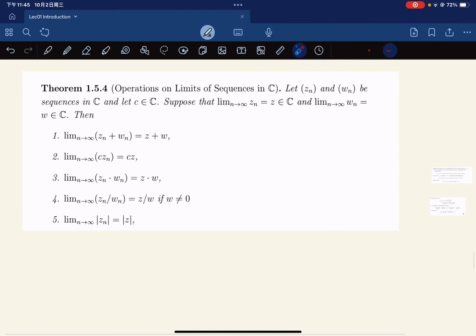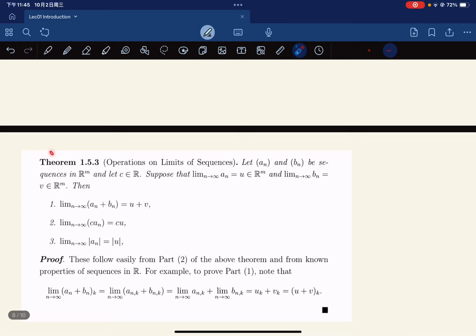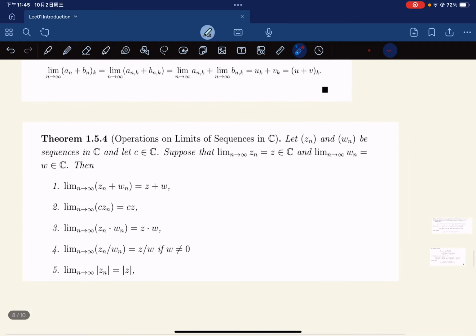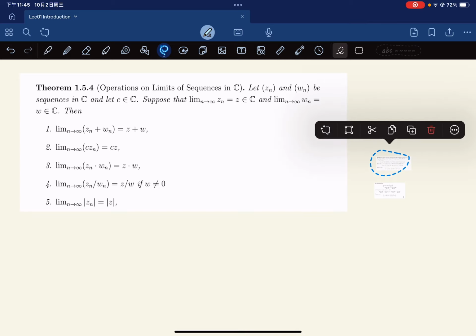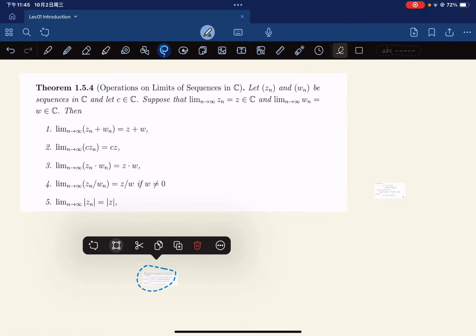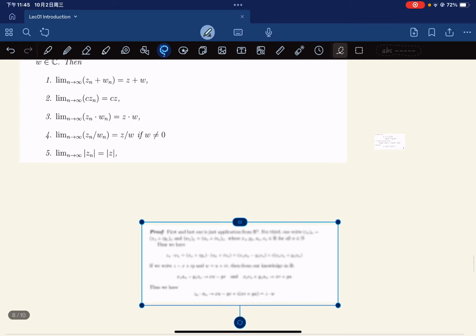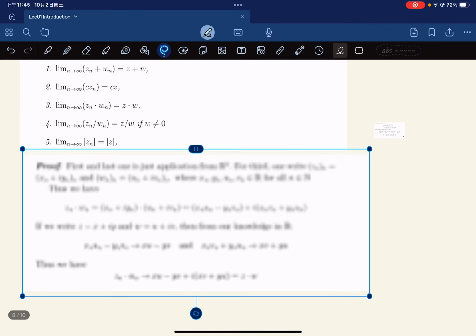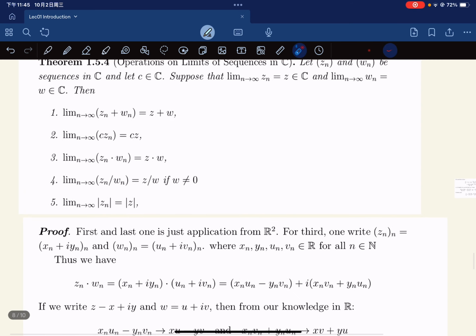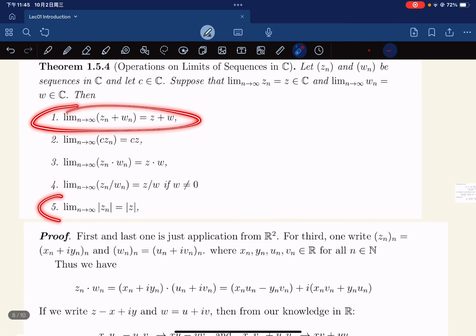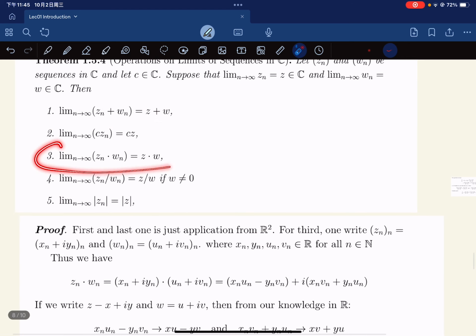Well, to prove this, let me just provide you the proof. The first and last are just an application of R2. And for the third one, if we prove the third one, we prove the second one.